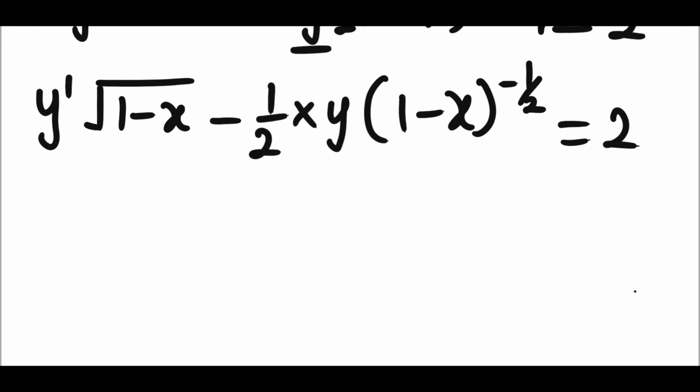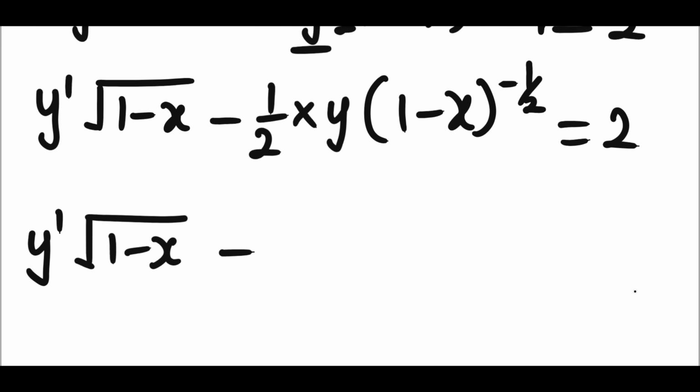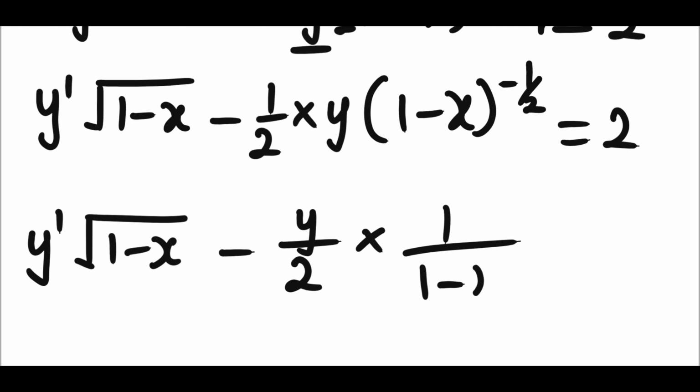Alright. So you are going to get y prime multiplying 1 minus x, minus y over 2. Now, the exponent here is negative, so we can rewrite it as positive by reciprocating 1 minus x. So it's going to be 1 over 1 minus x having an exponent of half, all equal to 2.